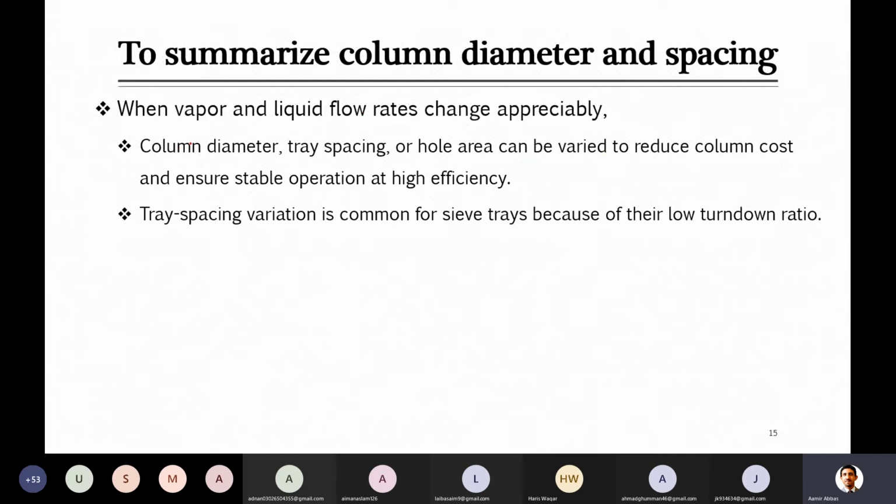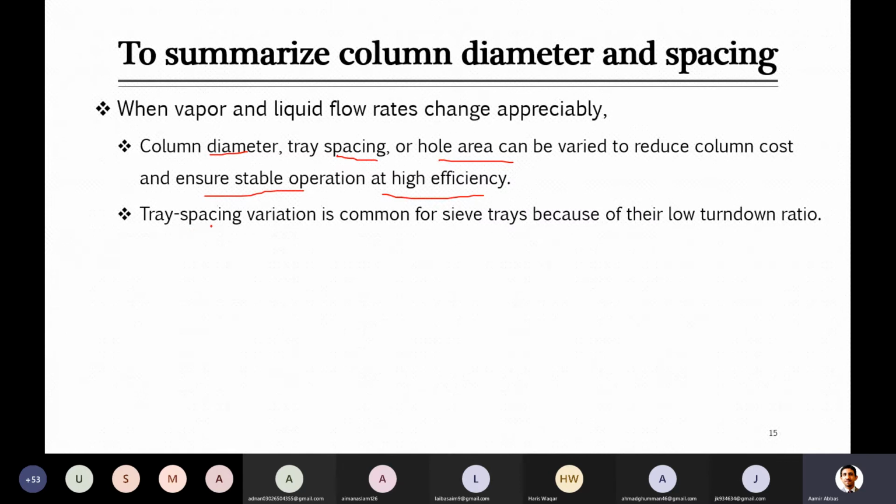Just to summarize what we have discussed up to here: when vapor and liquid flow rates are changing appreciably in their values, then the column diameter, tray spacing, and hole area can be varied to reduce the cost of the column and ensure stable operation with high efficiency.